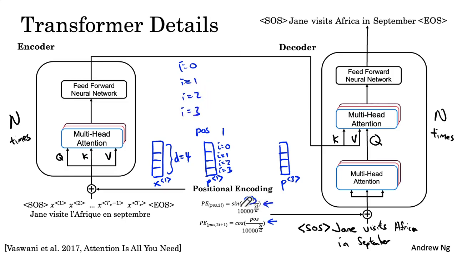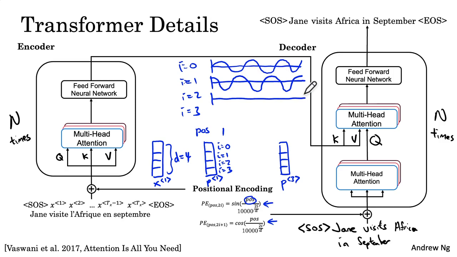And because you have these terms in the denominator, i equals 0 will have some sinusoid curve that looks like this, and i equals 1 will be the matched cosine. So, 90 degrees out of phase. And i equals 2 will end up with a lower frequency sinusoid, like so. And i equals 3 gives you a matched cosine curve.